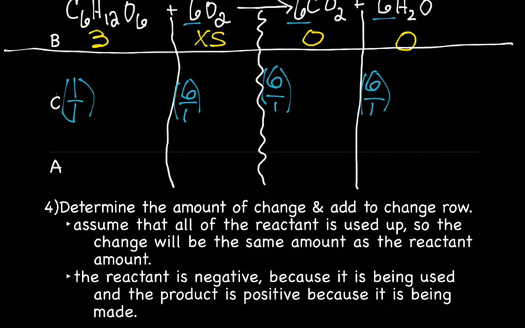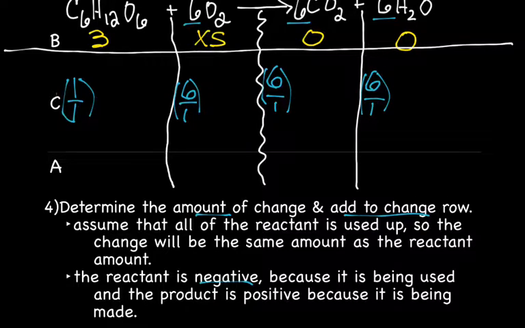Okay, step 4, determine the amount of change and add it. Again, we're still working with the change row. What you need to assume is that all of the reactant is used up, so the change will be the same amount as the reactant amount. The reactant is going to be negative because we're using it, we're getting rid of it. And the product is going to be positive because it's being made.